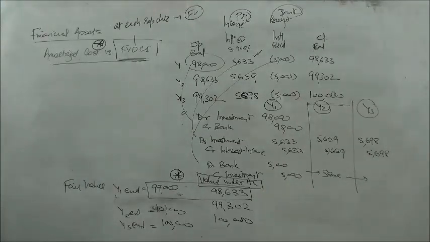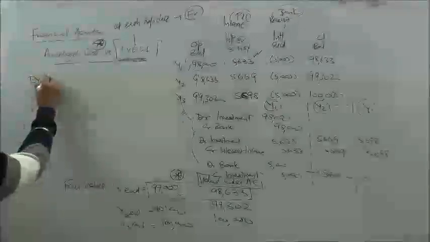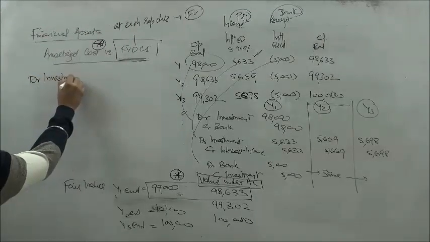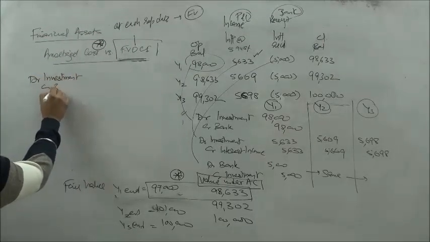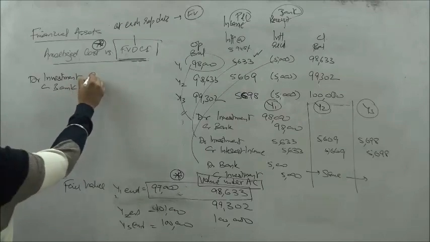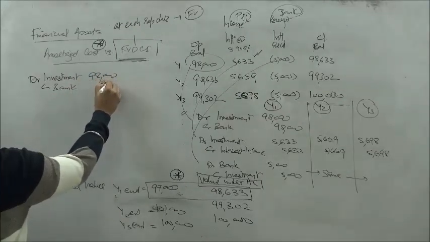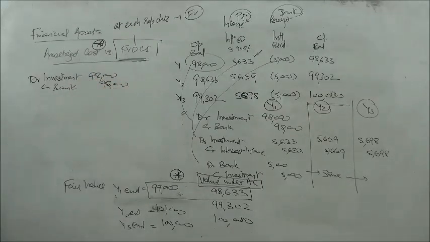Okay, so when I do this accounting, I'm saying my initial investment accounting was 98,000.